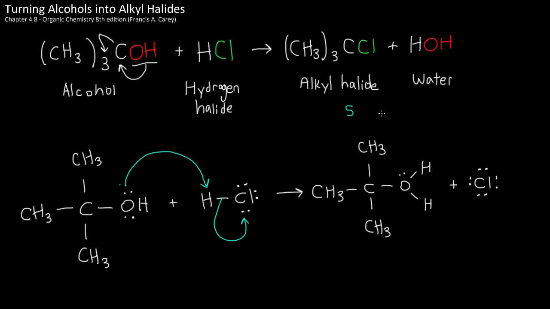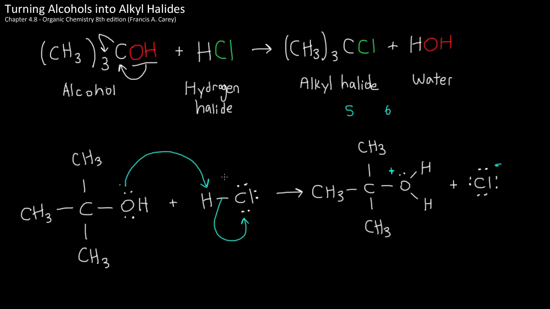And since oxygen likes to have 6 electrons, the 5 is actually 1 lower than 6, so it's going to be given a positive charge because that means it has 1 less electron, and electrons are negative, so you'll give it a positive charge. And over here on chloride, since we know that chloride belongs in the 7th column, it would like to have 7 electrons, and now it has 8, 1 more electron than it would like. Electrons are negative, so it has a bit more negative than it likes.